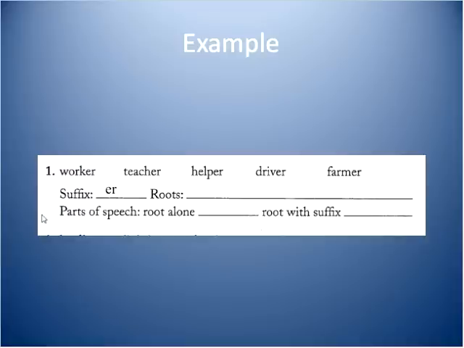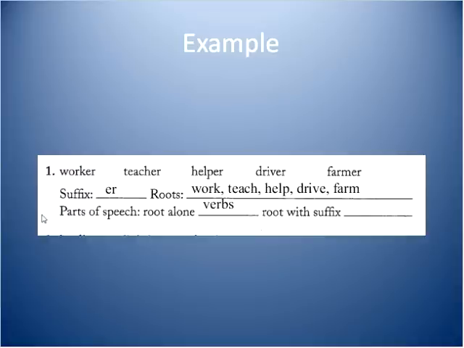In each case, these words alone are verbs. When you put the suffix ER, they become nouns. You can know this if you look in your dictionary.